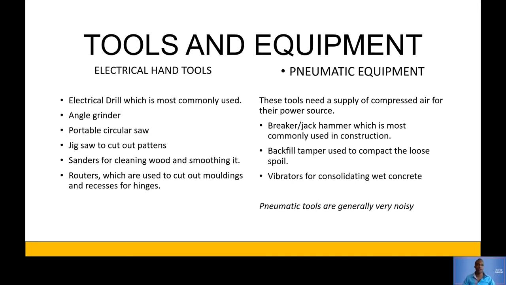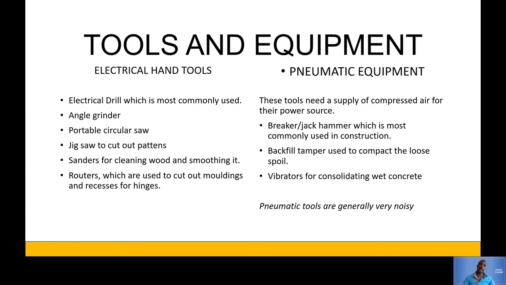Okay, so that compacting machine, I think I have a picture of it as well. It just compresses soil. It goes boom, boom, boom, boom. That's how it goes. And then we got vibrators for consolidating wet concrete. So sometimes to consolidate is the same as compact, really.